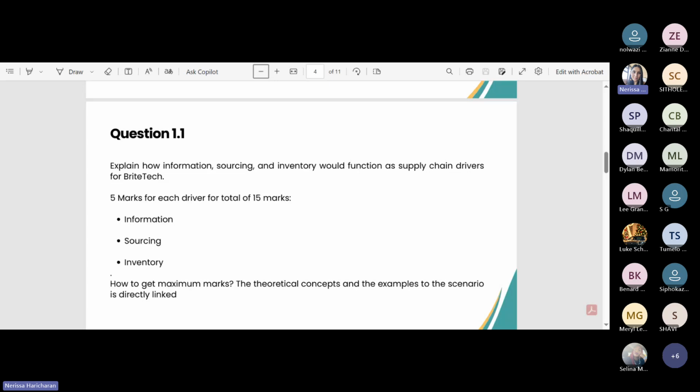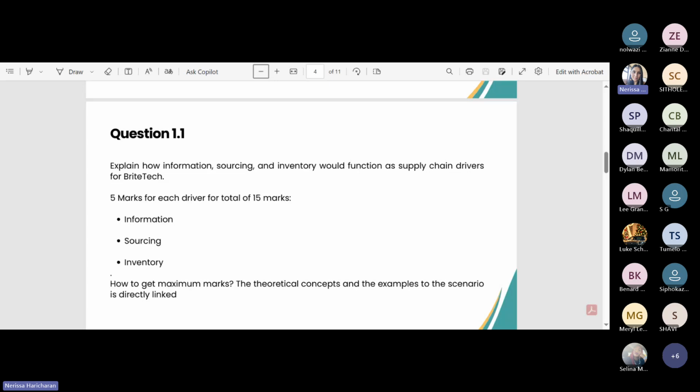Your 3 drivers are going to be information, sourcing, and inventory. And when we speak about inventory, we want to talk about the different materials, whether it's a finished good, whether it's a raw material, that's part of your supply chain, how your raw materials are purchased, what is the different process. So everything that drives and sort of completes your supply chain, that's what we're going to be looking for.